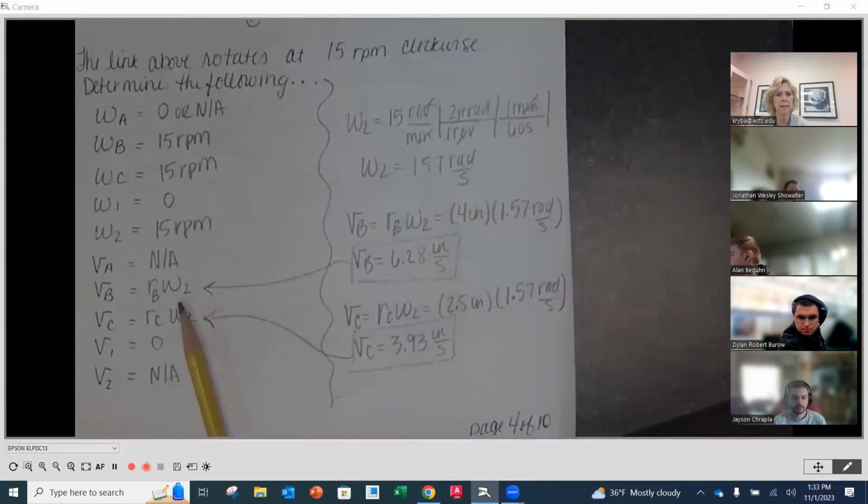And then plugging that into each one of those values, multiplying it by its radius from its center of rotation, you should get VB equal to 6.28 inches per second and VC 3.93 inches per second. Did everybody get the same values? Any questions at all?